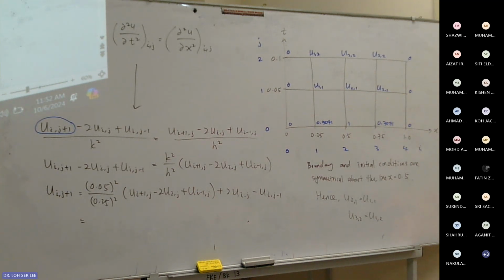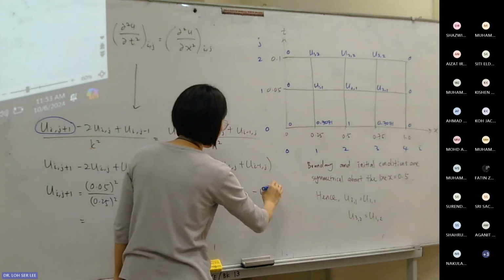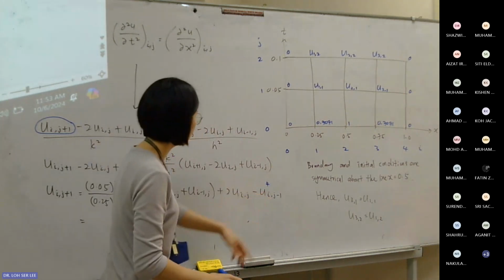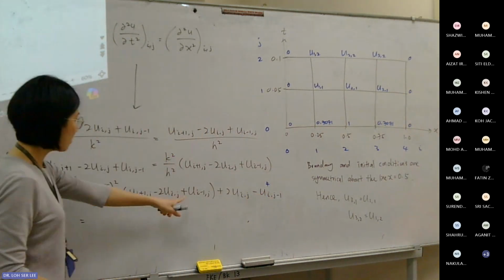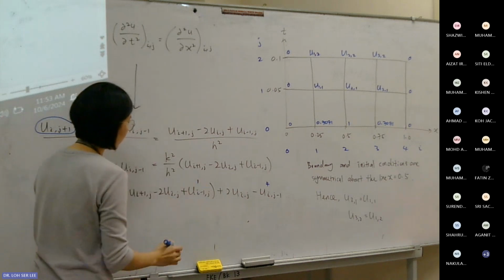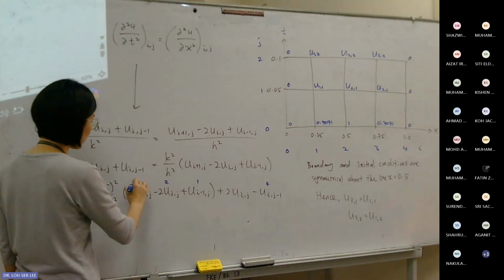Okay, then you have to decide the sequence of the u in the formula. The one with minus 1 on the j is the last point. And u i minus 1 first, this is the first point. u i j the second one, and then the third one is u i plus 1.